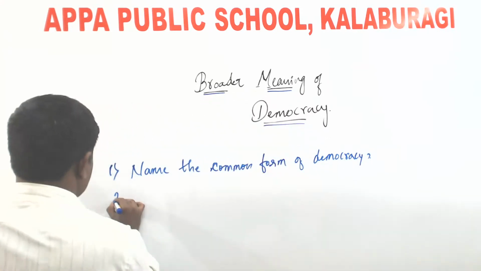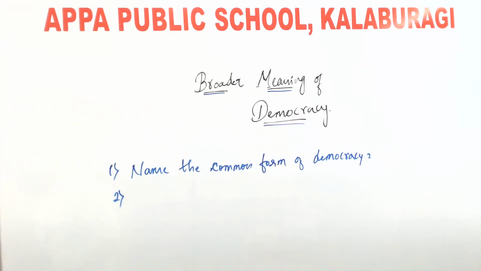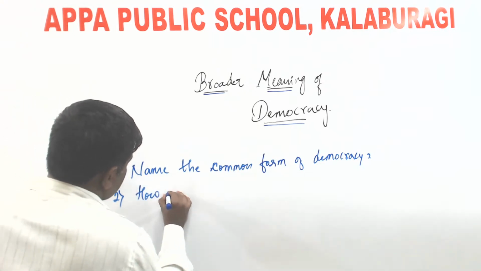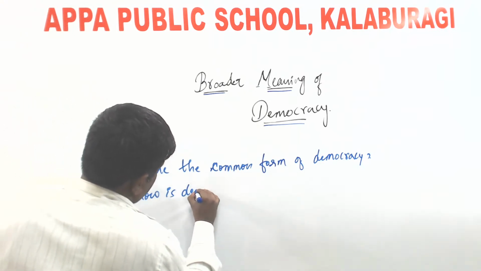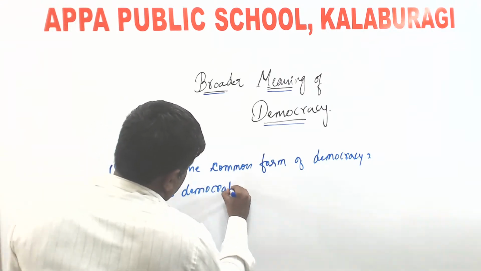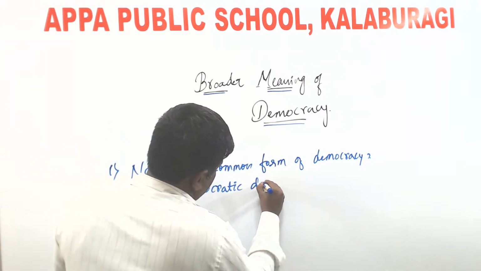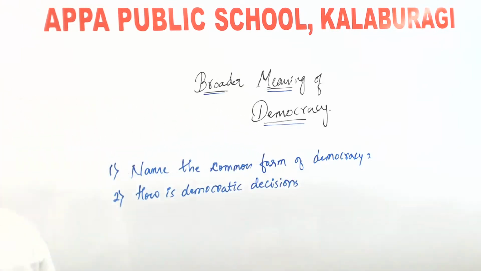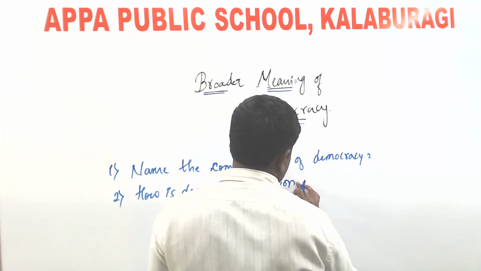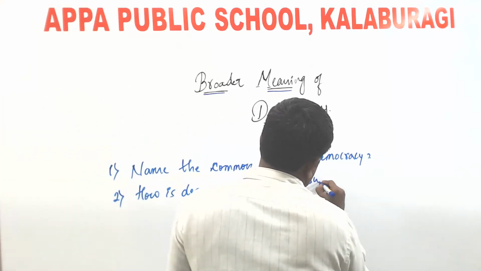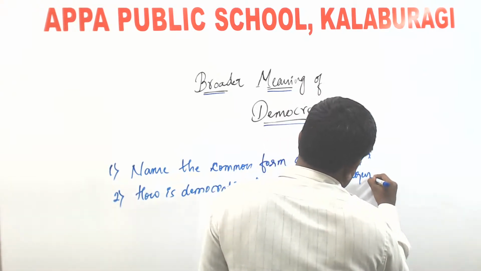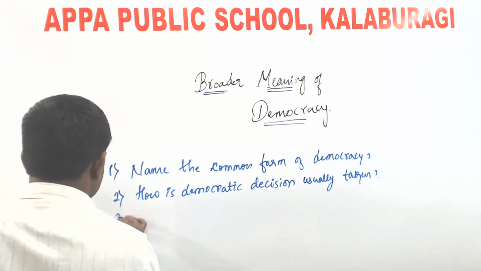Second, how are democratic decisions usually taken?